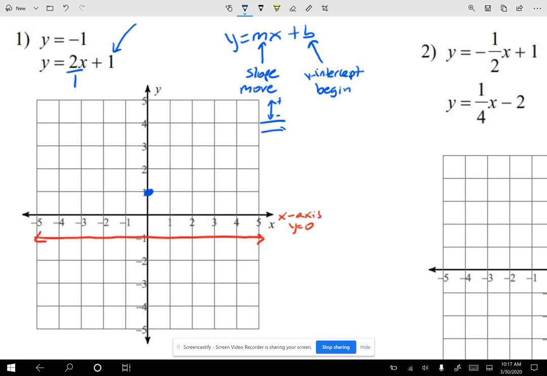The number at the bottom tells me right or left. To the right if it's positive, to the left if it's negative. So this one says up 2, 1 to the right. So from the point where we started, I'm going to go up 2, 1 to the right. I can even do it again. Up 2, 1 to the right. So that gives me this line.